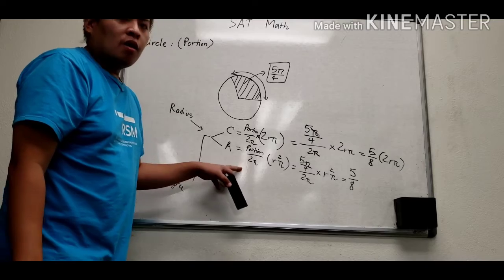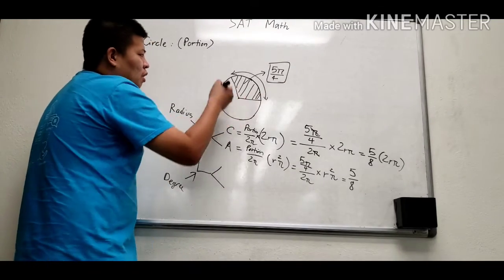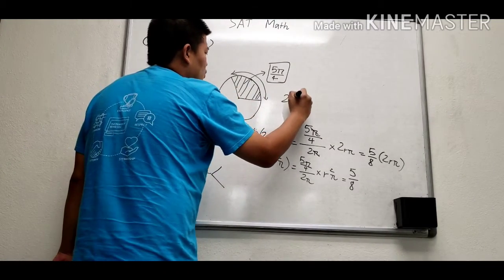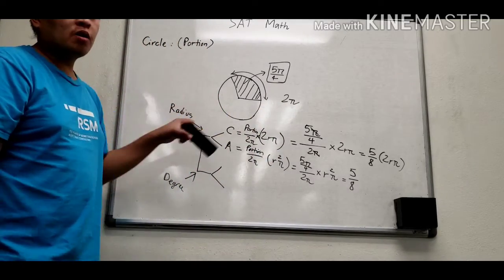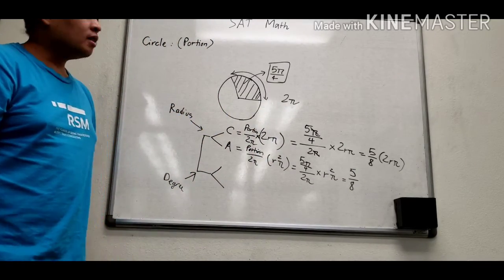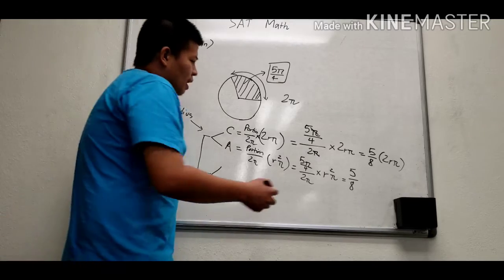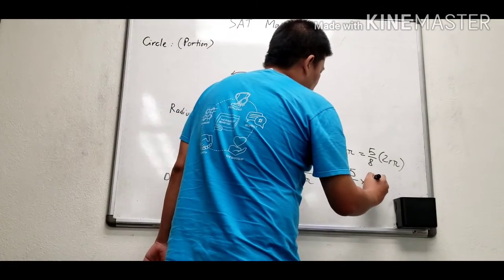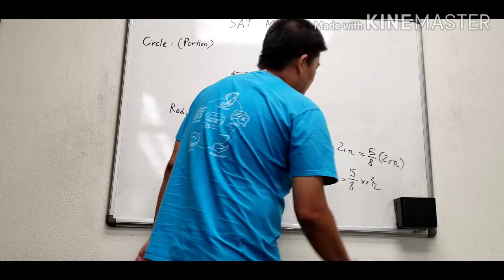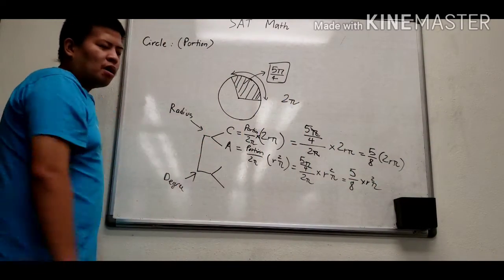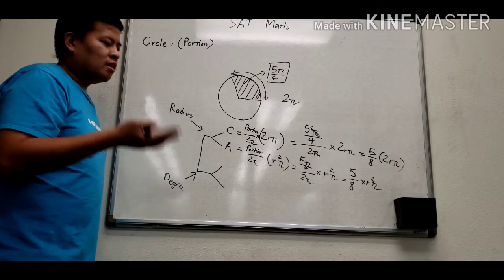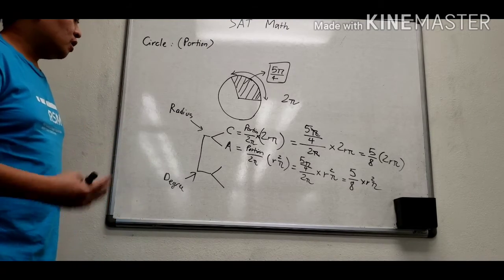You should remember that the whole circle is 2 pi. Then we just multiply with r squared pi, and that's the final answer. You just input the radius and you get the solution.